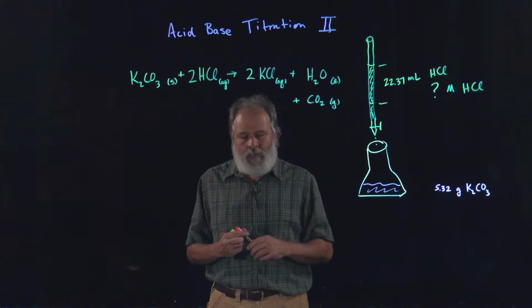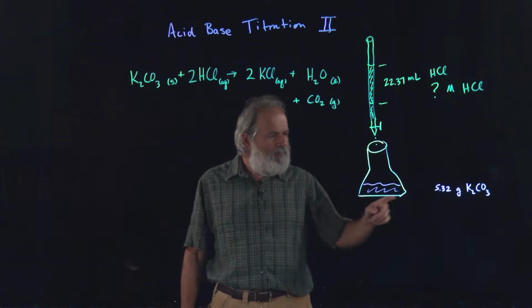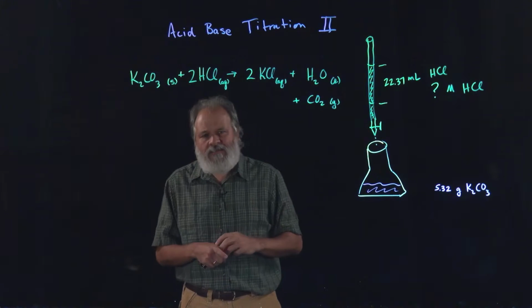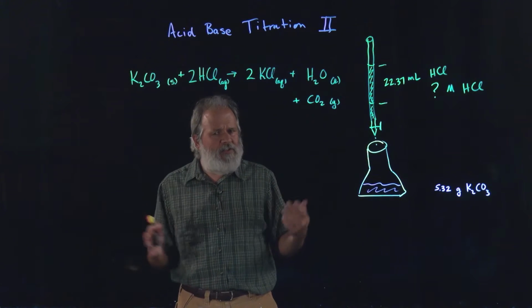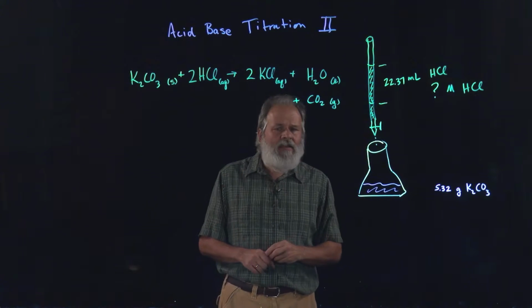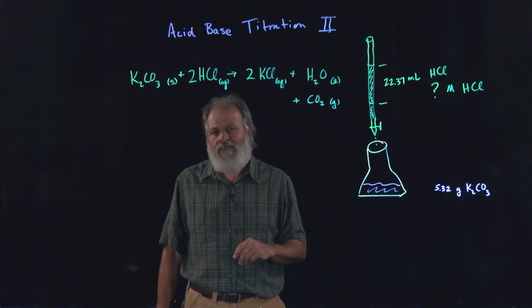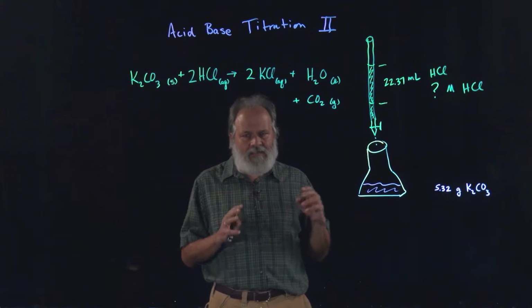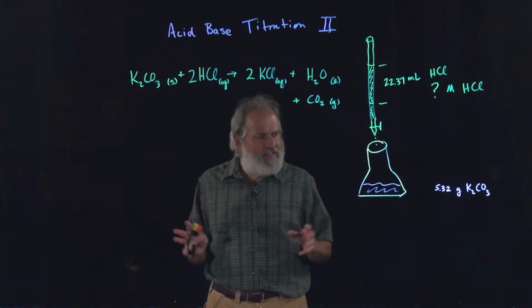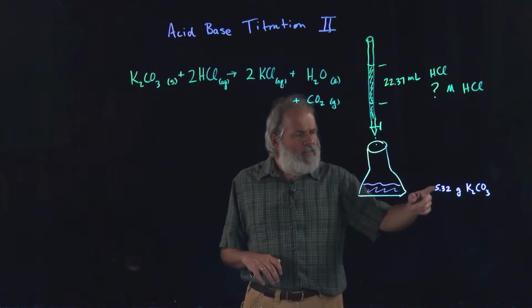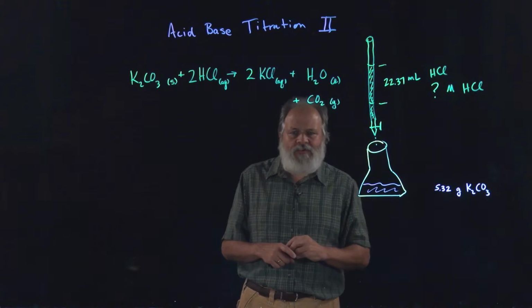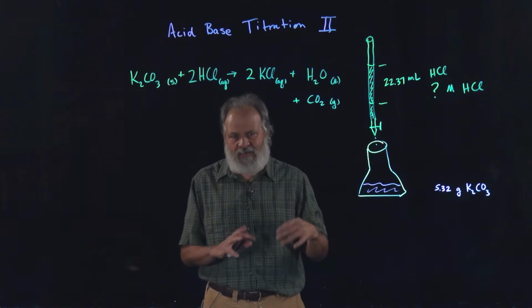So let's say we have a hydrochloric acid solution we made up, but we don't know what its concentration is. And so what we do is we take a known amount of a base, which we know exactly the identity of, and that there's nothing else in there. So we weigh out 5.32 grams of that, put it in a flask and dissolve it in water.